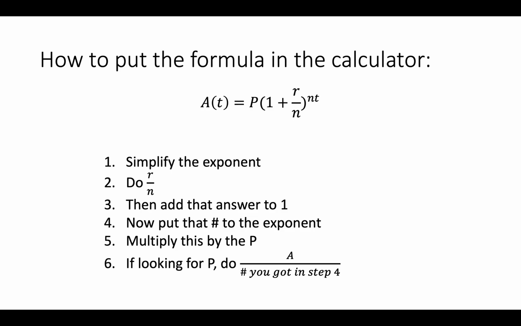Well, if I want to know what your original principal was, you would do this total amount here, divided by whatever number you got over here in step 4, once you've hit enter and put it to the exponent, of course. Why am I doing that? Because you're going to have some number times P, and we're going to basically be solving for P, so you got to divide each side by that number.